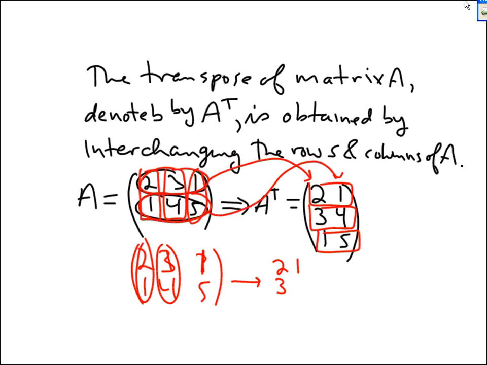Second column, second row. Third column, third row. If this is A, then we just wrote down the transpose of A. Just interchange the rows and the columns. The rows of A become the columns of A transpose.